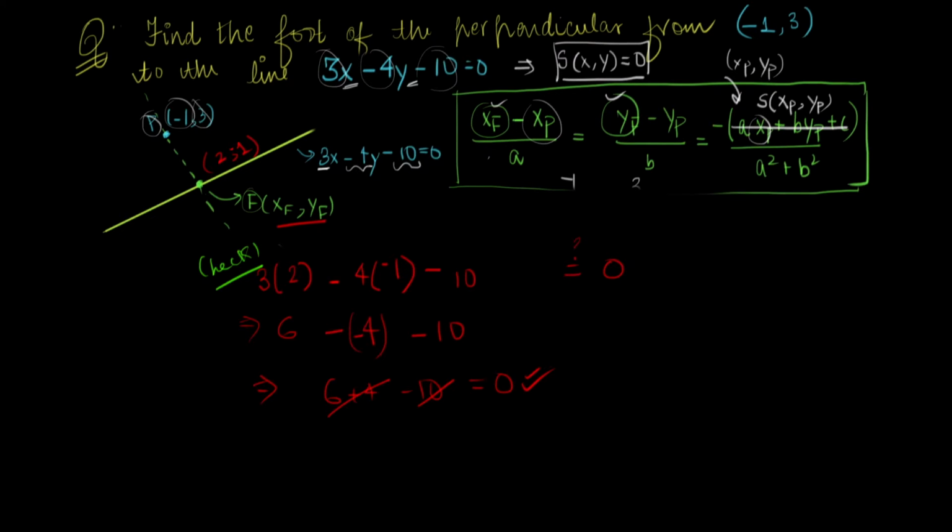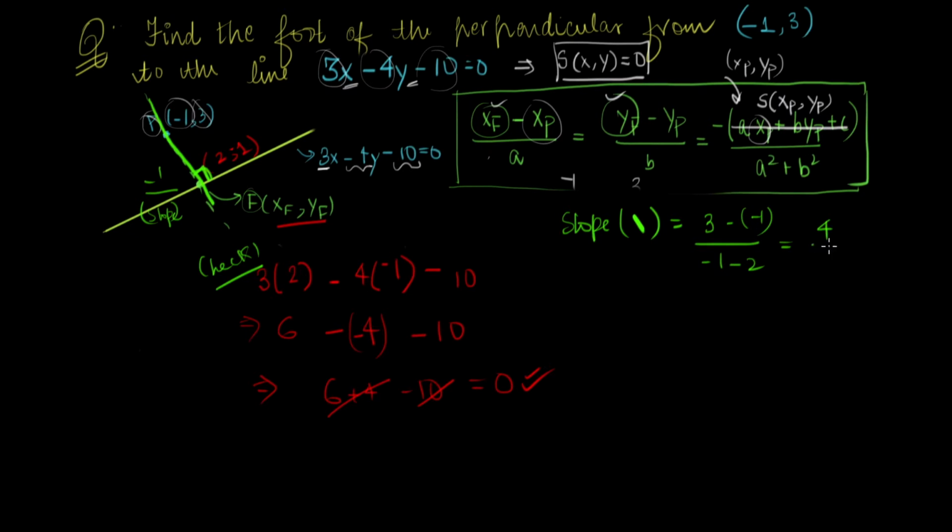The other check that we can do, even though it's unnecessary at this point, would be to see if the slope of this line is minus 1 divided by the slope of the other line, because these two lines are perpendicular to each other. So the slope of the green line here, I'm going to write it with a dash, would be 3 minus 1, the difference of the y coordinates, divided by minus 1 minus 2.